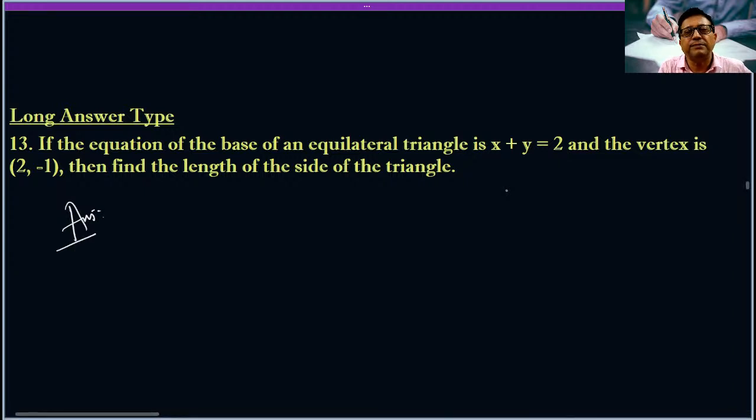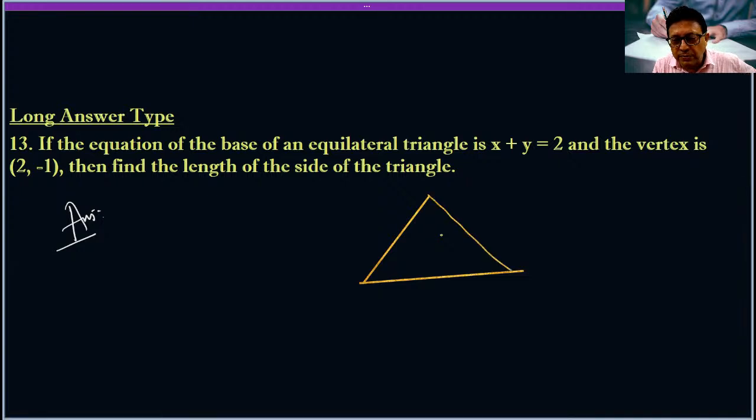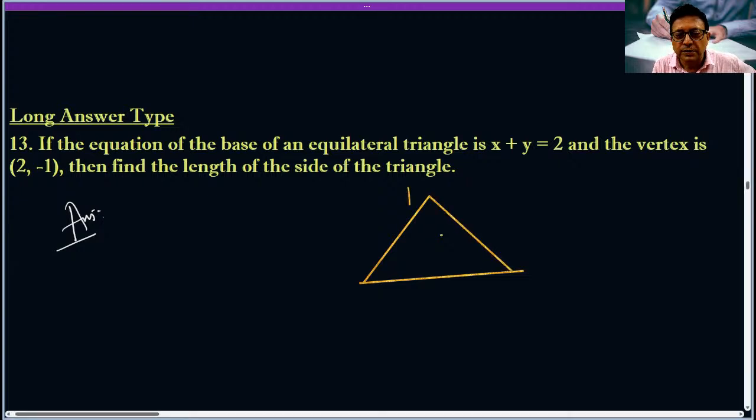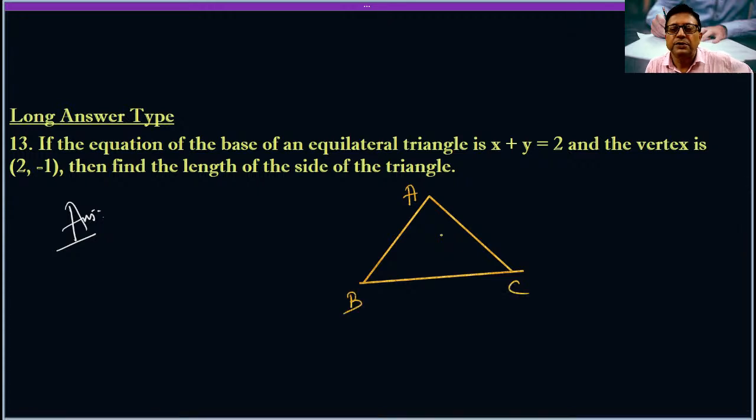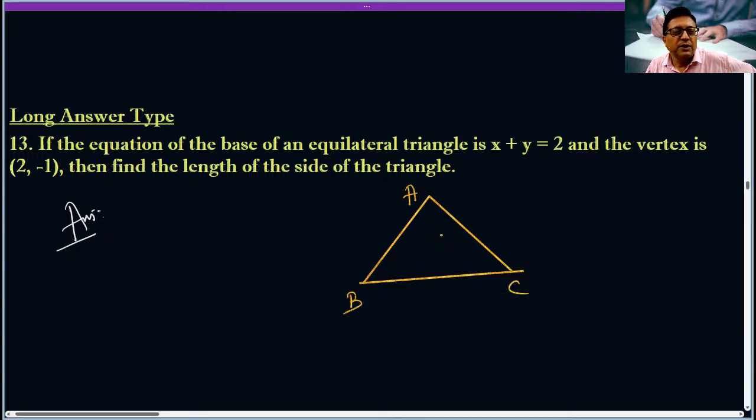But it's a very easy sum. I promise it is going to be the easiest problem in the history of coordinate geometry, history of straight line. If the equation of base of an equilateral triangle and vertex is here, see what a simple question.